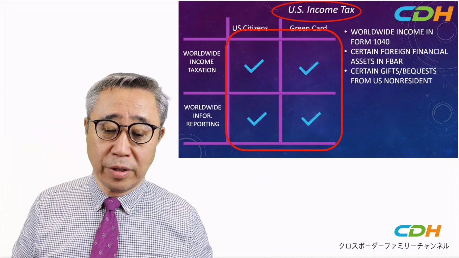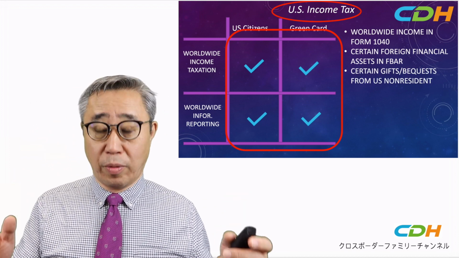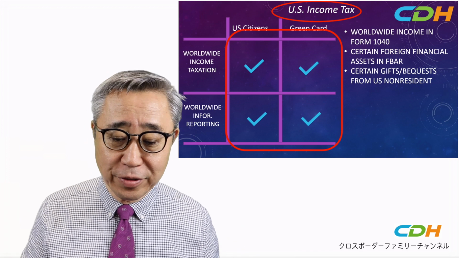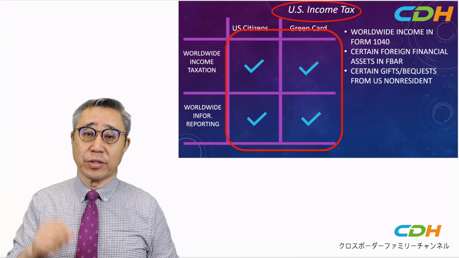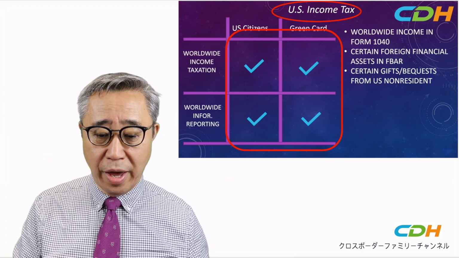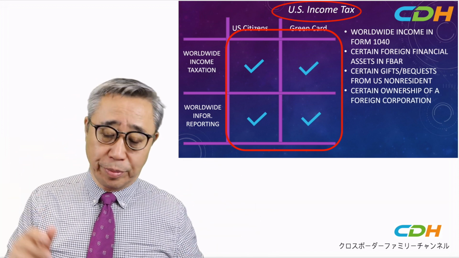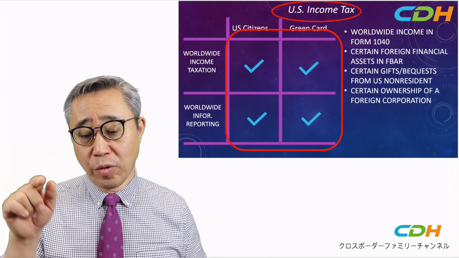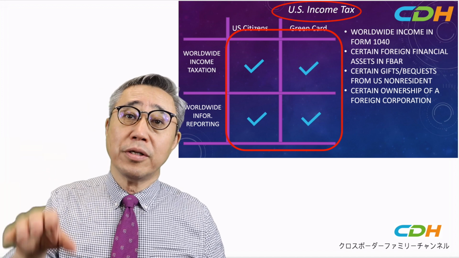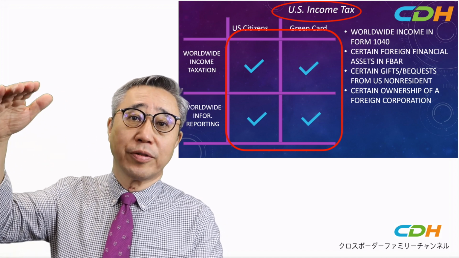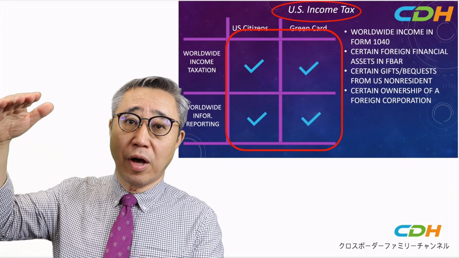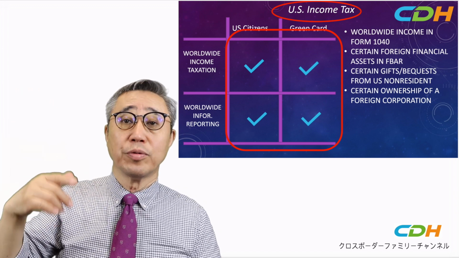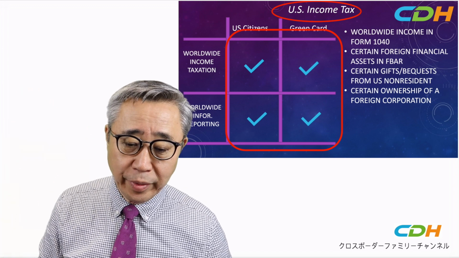Certain gifts or bequest or inheritance from US non-resident, and certain ownership of a foreign corporation. If you own certain number of shares or certain percentage of shares of a foreign corporation, you must also report.